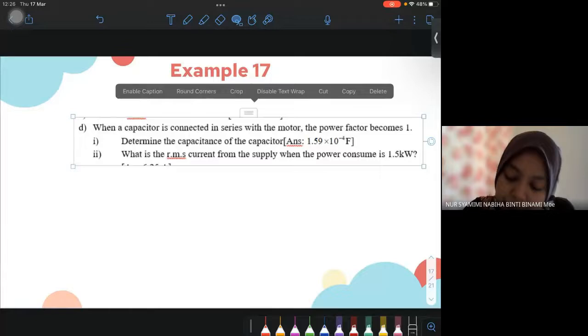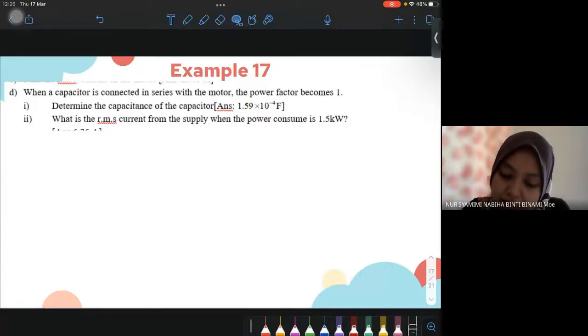Okay, D. When a capacitor is connected in series with the motor, the power factor becomes 1. Okay, so now it says it has become an RLC circuit, because earlier it was RL and now we add a capacitor. So it is an RLC circuit. The power factor becomes 1.